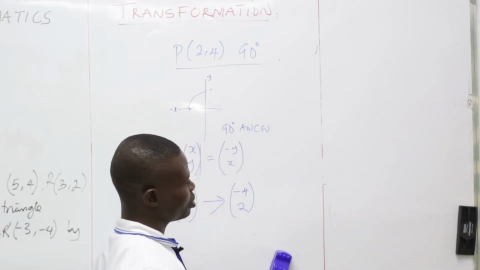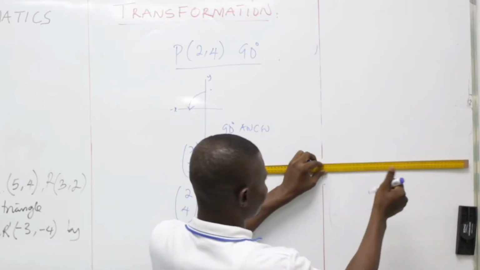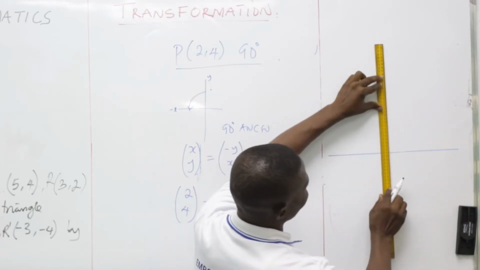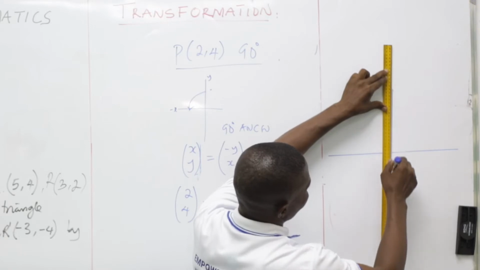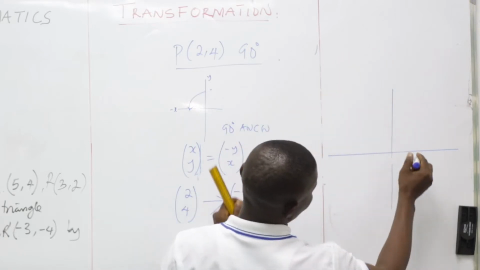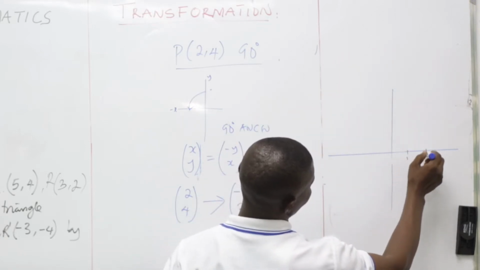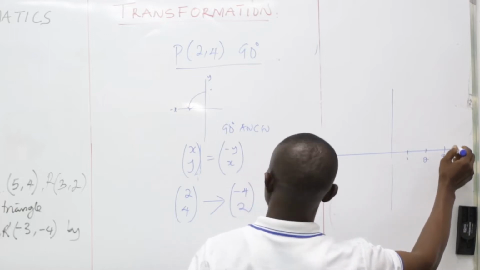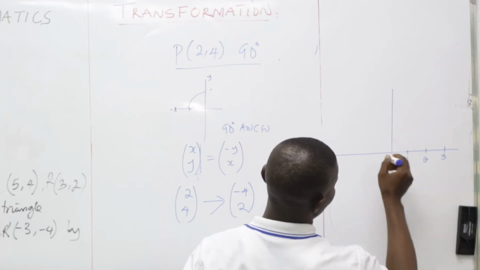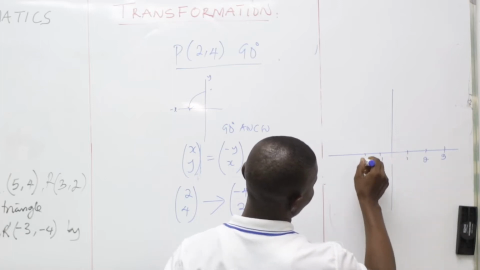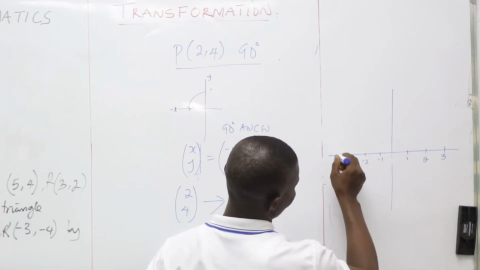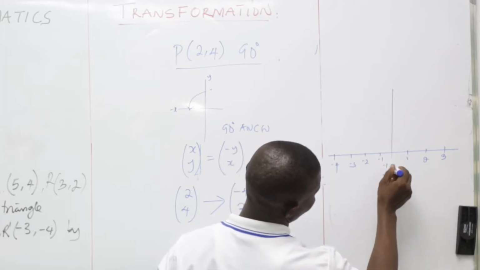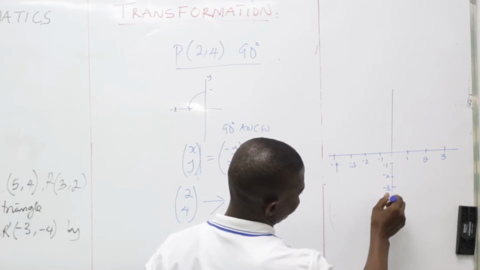To sketch the solution, we'll have a horizontal line, a vertical line, so 1, 2, 3, minus 1, minus 2, minus 3, minus 4.